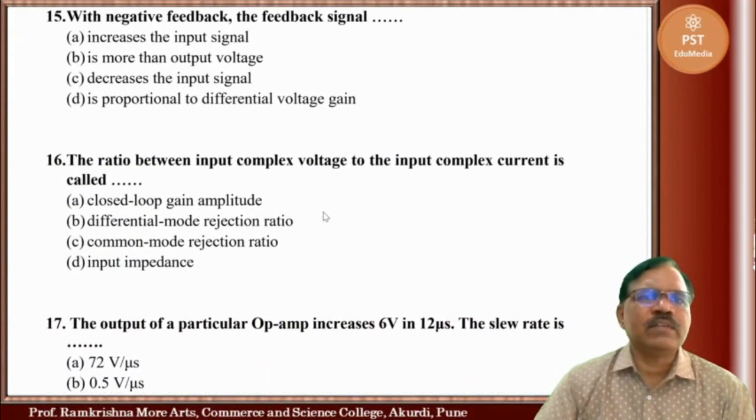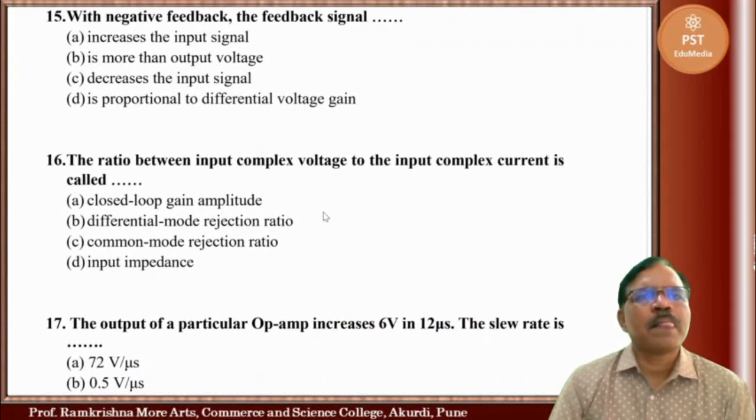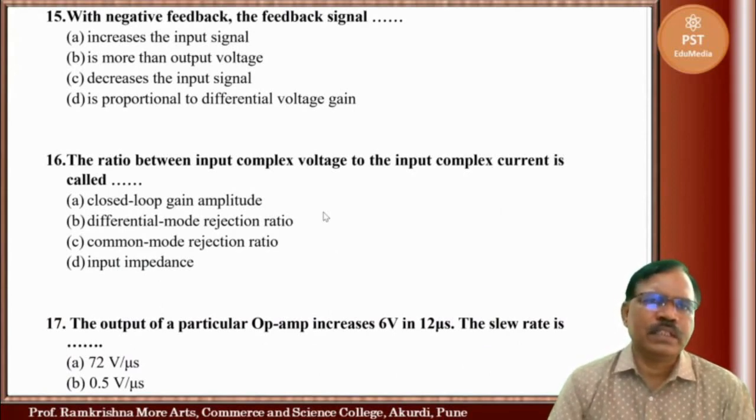Now next one, with negative feedback, the input signal decreases. Negative feedback means part of the output is fed back to the inverting terminal, and this decreases the input signal.